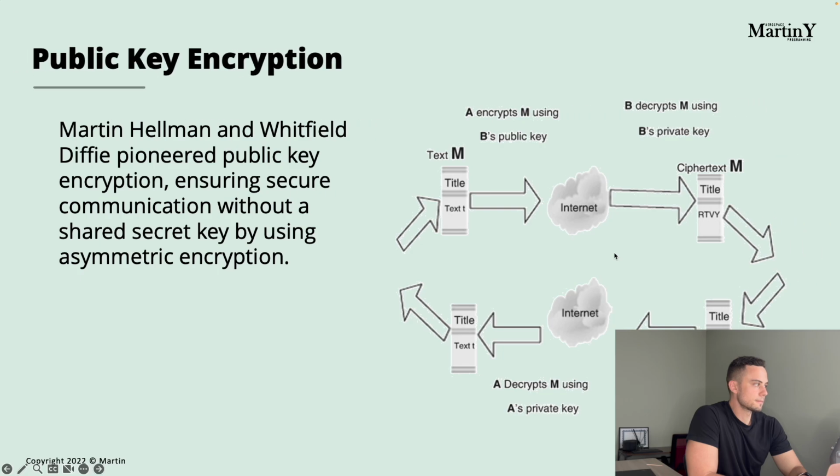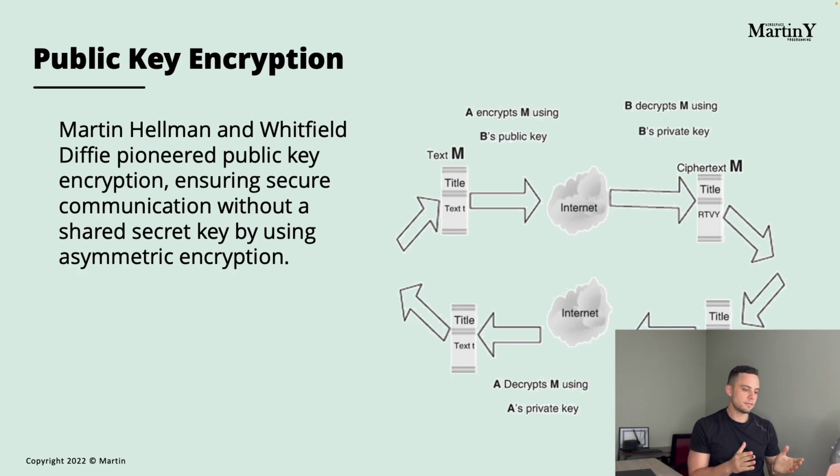Okay, so let's talk about this a little bit. You asked how the whole process works if we have a public and private key, right? As I said, the sender and the receiver both have a public and private key each.